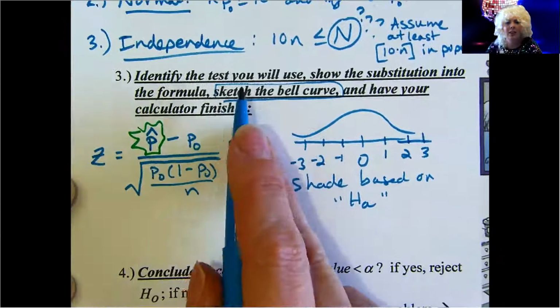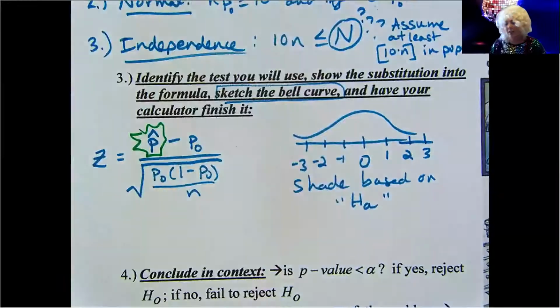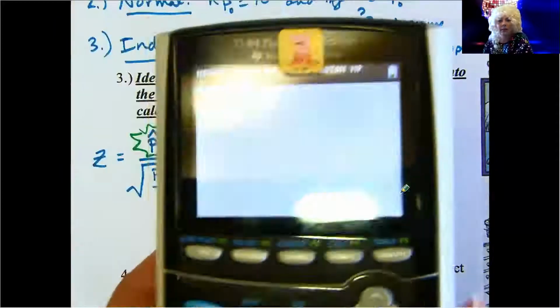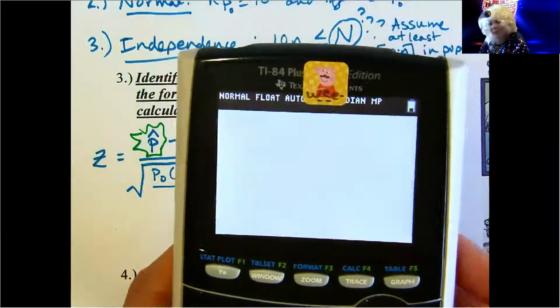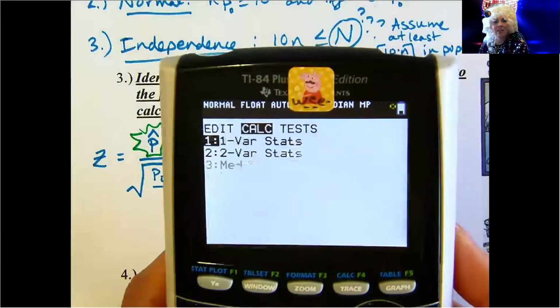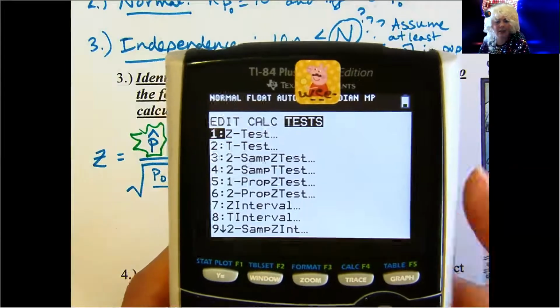So identifying the test that you'll use. Let me show it to you on the TI here, because you don't necessarily have to memorize these things. You can just look it up on the TI. If you head on over to Stat, Tests.